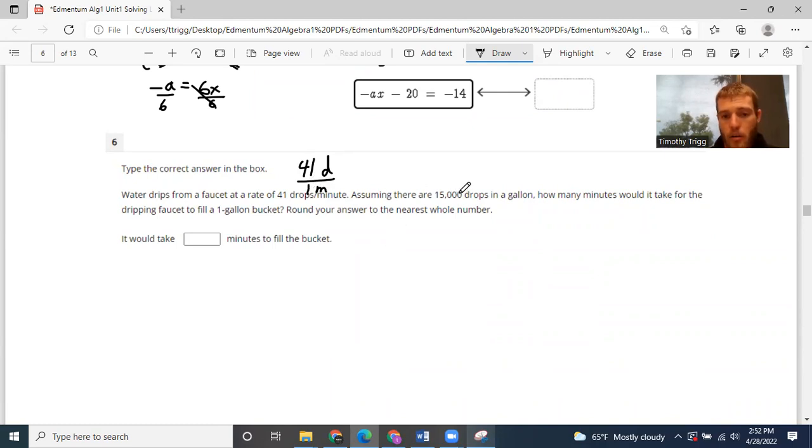Assuming there are 15,000 drops in a gallon, so 15,000 drops per 1 gallon. How many minutes would it take for the dripping faucet to fill a 1 gallon bucket? Round your answer to the nearest whole number. It would take blank minutes to fill the bucket.